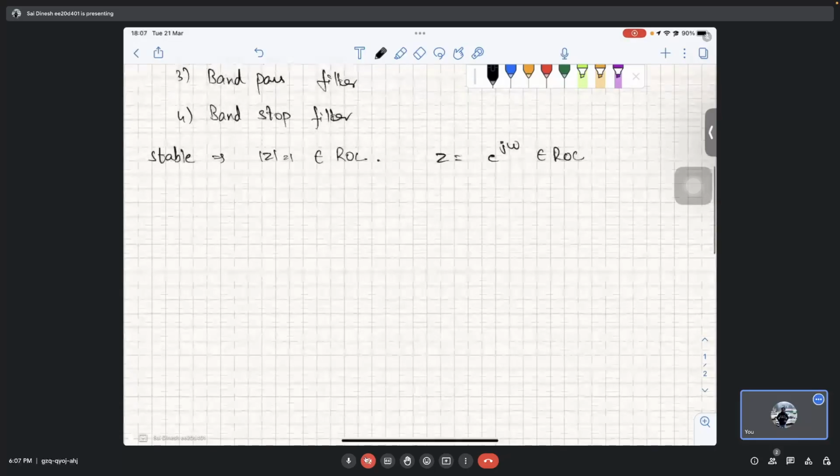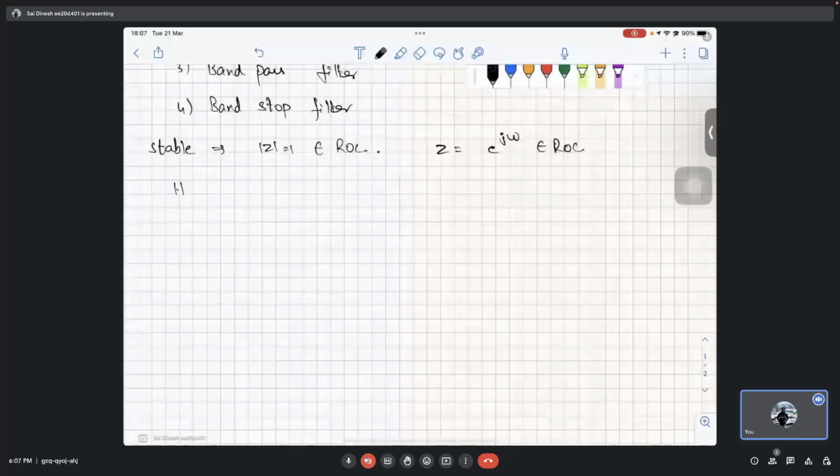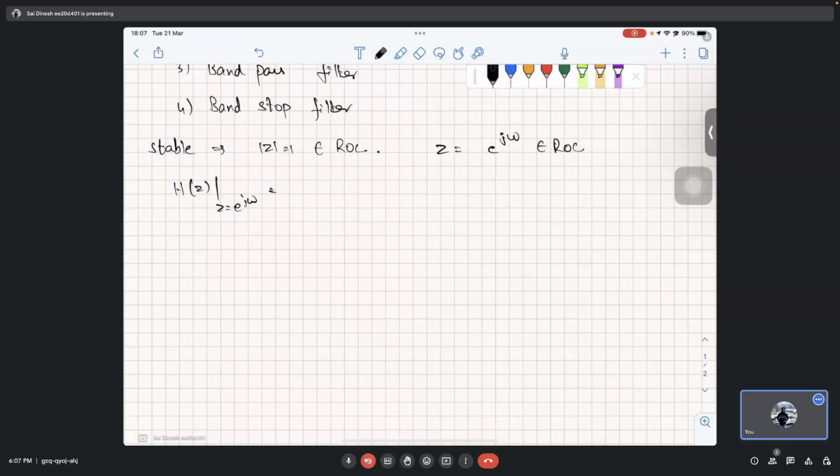Then if we replace z by e power j omega, we get H of e power j omega, which is the frequency response that we are interested in.